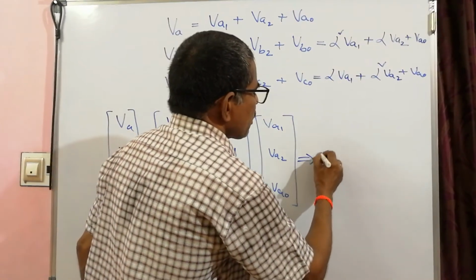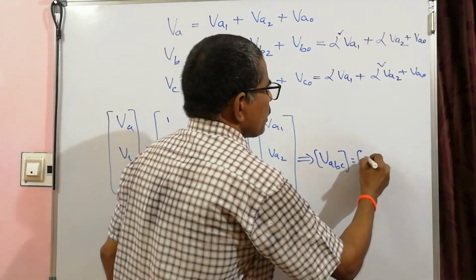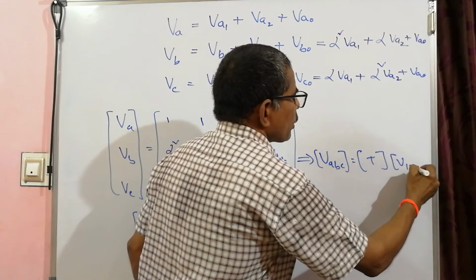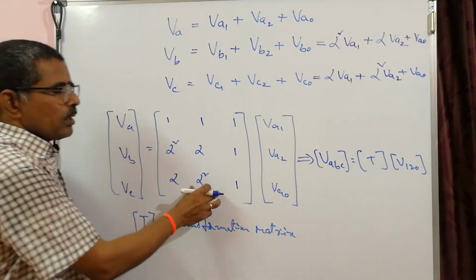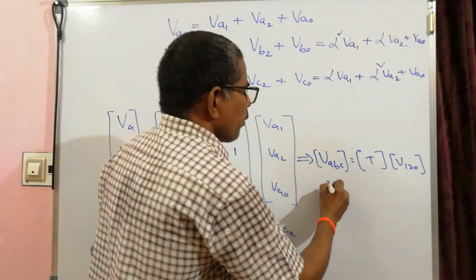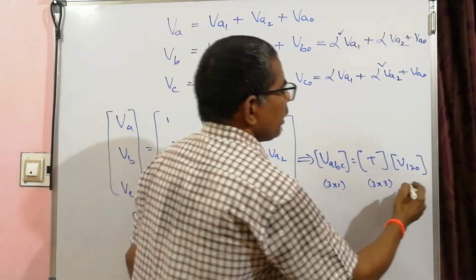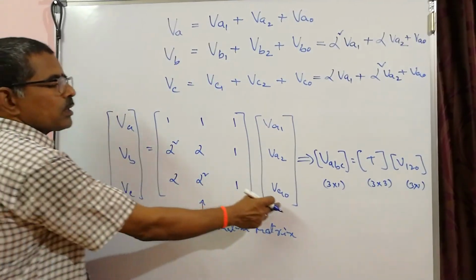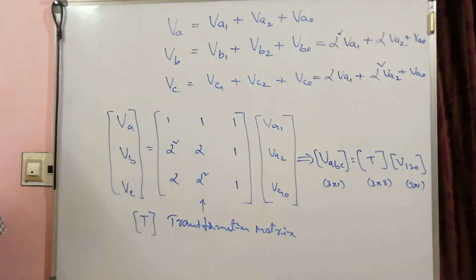I will be writing this V A B C as T multiplied by V1 to 0. I am just simplifying this. V A B C is T times VA1 to 0. Okay. So this is a 3 by 1 column matrix, this is a 3 by 3 square matrix, this is again a 3 by 1 column matrix. Okay.